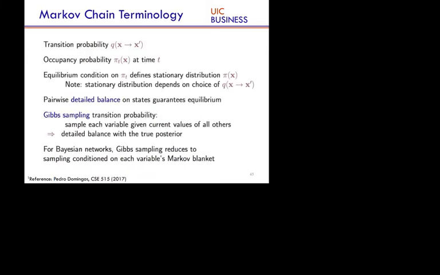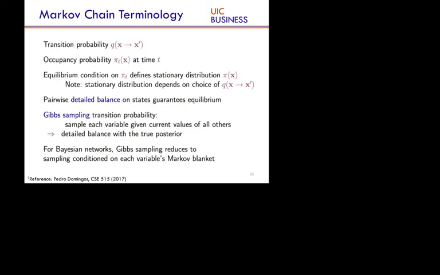Let me redefine these terminologies. Transition probability is the probability from one state to another state, that is, a realization of random variables. Pi t of x is a different quantity than the stationary distribution. It's the probability of reaching a particular state x after t steps.